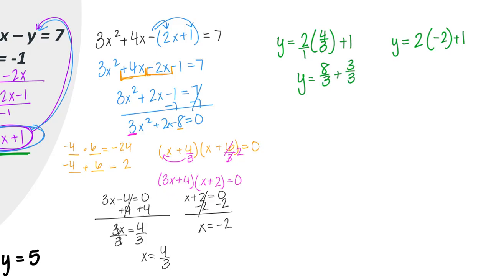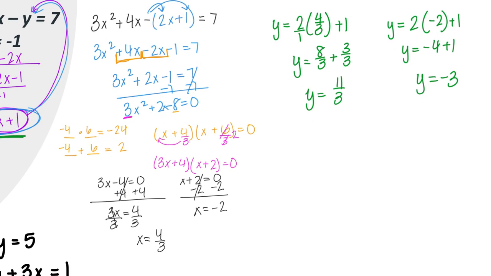And remember, when you're adding and subtracting fractions, you have to have the same denominator. And y equals 11 over 3. Same thing here. Y equals negative 4 plus 1, and that one's pretty easy. Y equals negative 3.